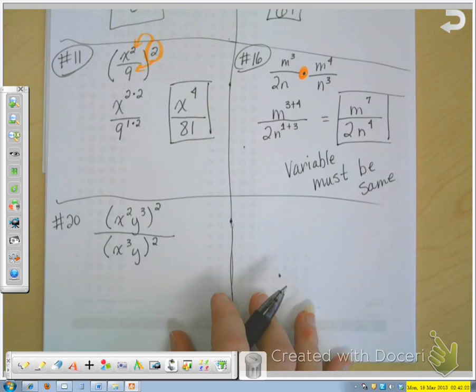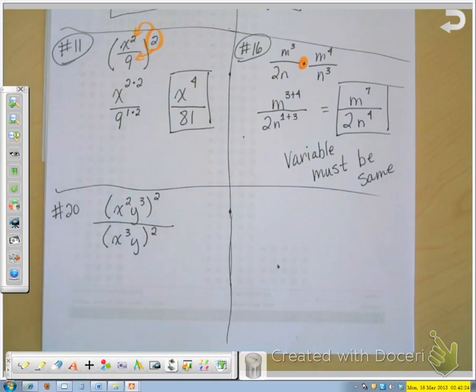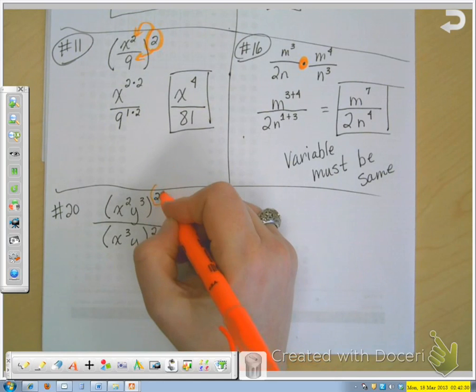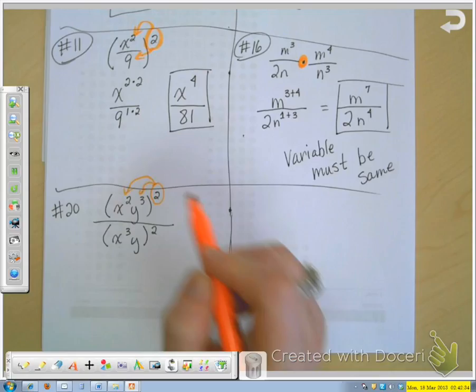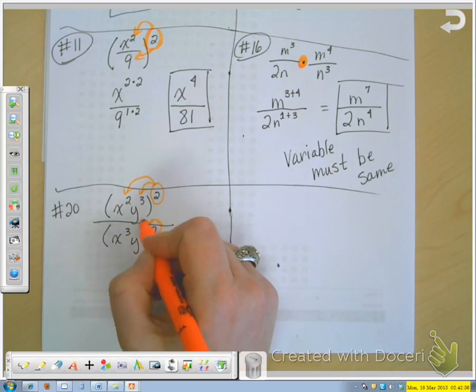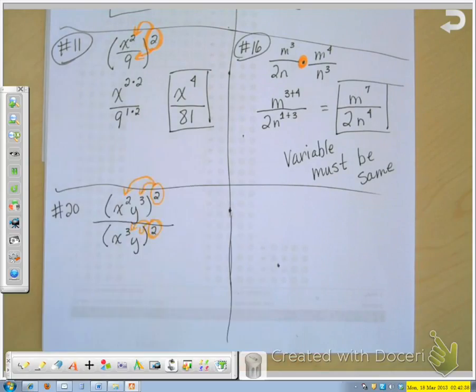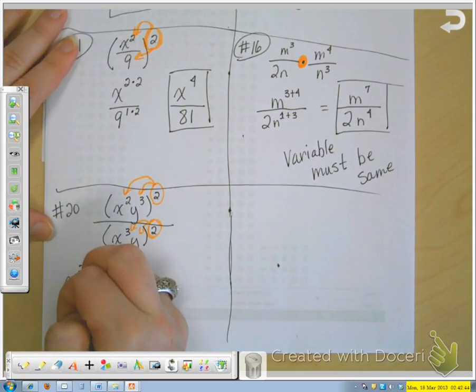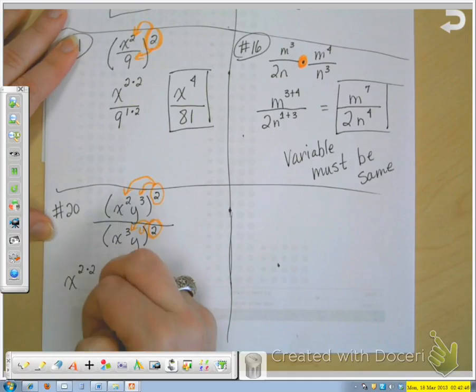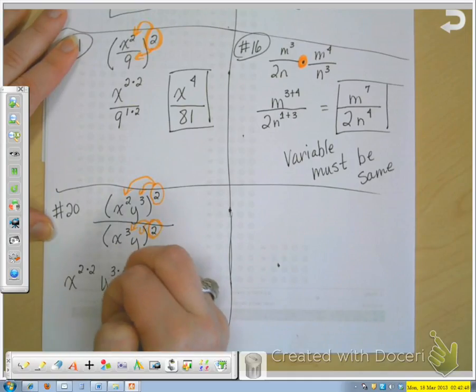Let's look at problem 20. Problem 20 also looks like a combination problem. This is entertaining because I have parentheses to a power. So I'm going to take this wonderful exponent on top and distribute it. And now I have to do the exact same thing on the bottom. Alright? So I have an x that's originally squared, a y that's originally cubed, right?